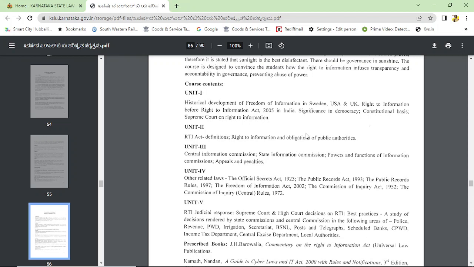They have developed over a period of time from Sweden to India. That is, Sweden was in 1766 to India's Act, that is 2005. So there seems to be a lot of overlapping as well as a commonality among these three subjects, that is international public law, human rights, and your RTI.